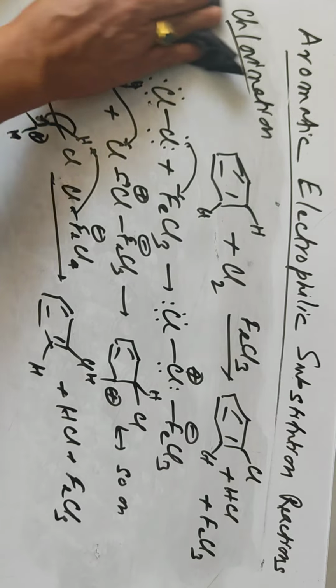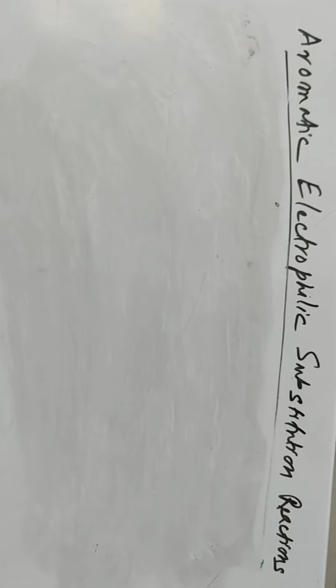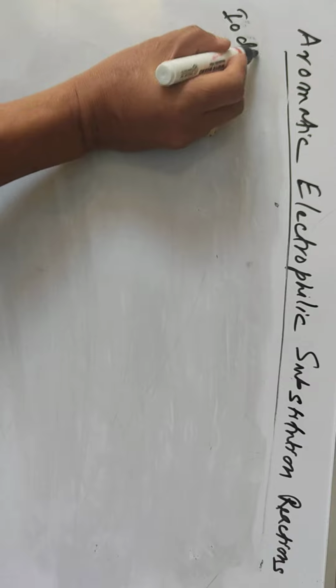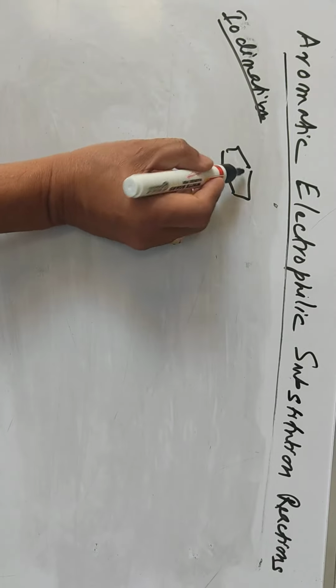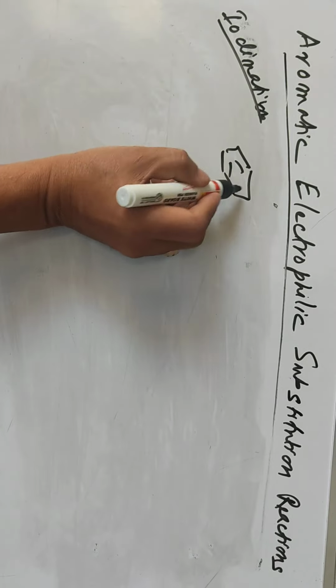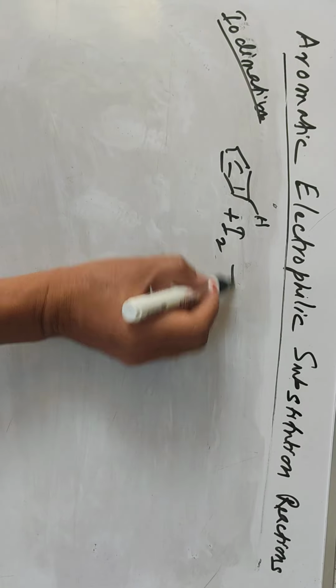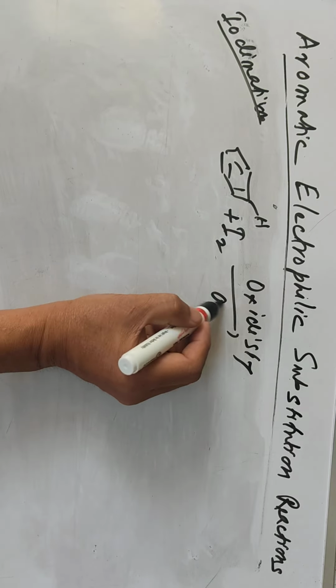Now iodination has a bit different mechanism. In the case of iodination, a different mechanism takes place. Here also iodobenzene is formed, where hydrogen is replaced by iodine in the presence of an oxidizing agent.